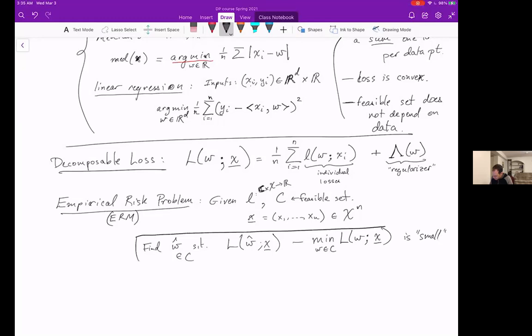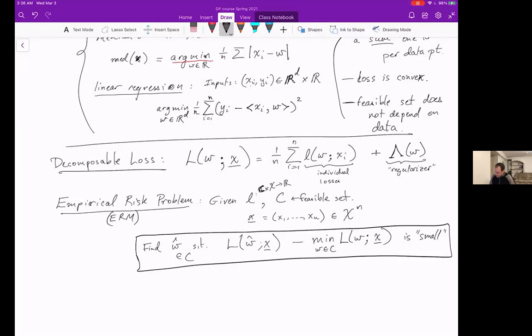Okay, so this is our problem. So what we're going to see are a number of algorithms that are differentially private and that solve this type of problem under various assumptions on these little loss functions and the constraint set and so on.